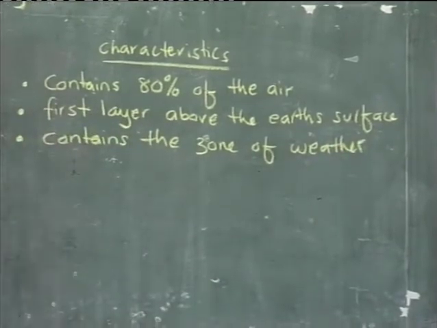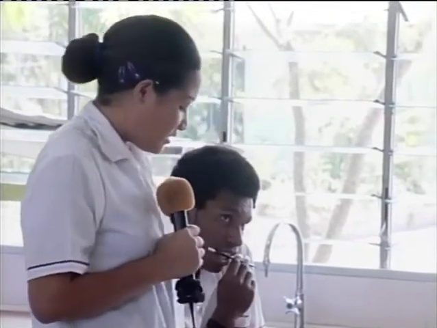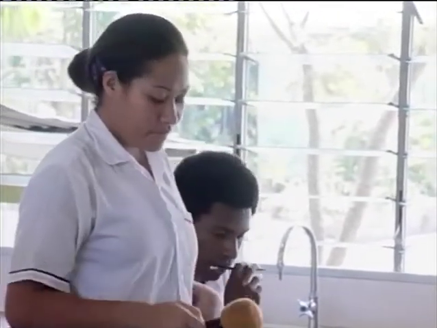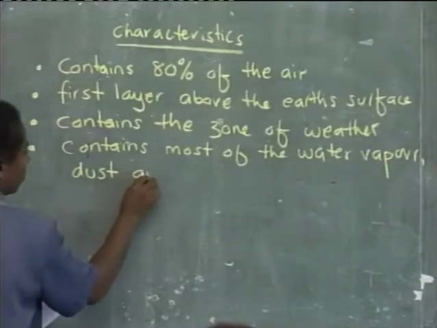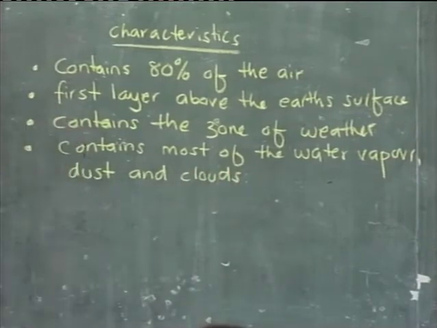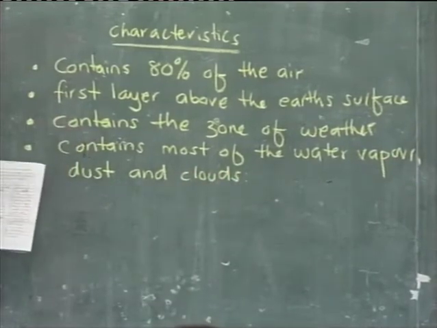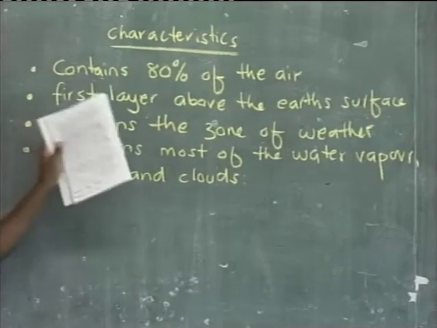Shelley? The troposphere contains most of the water vapor, dust, and clouds in the atmosphere. Okay, very good. Here is another characteristic. The troposphere contains most of the water vapor, dust, and clouds.